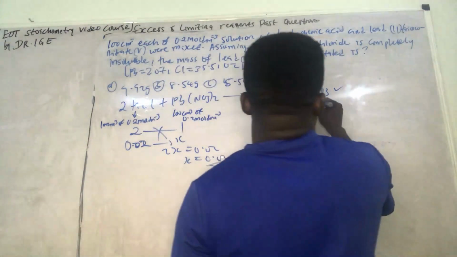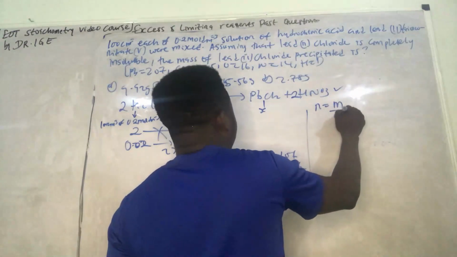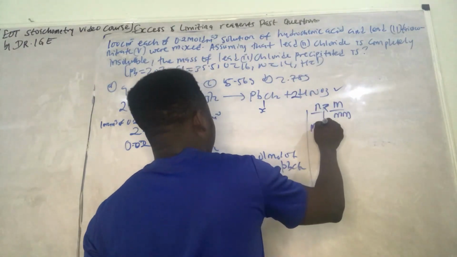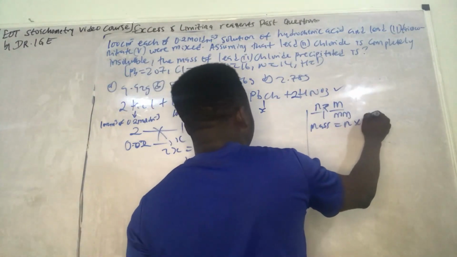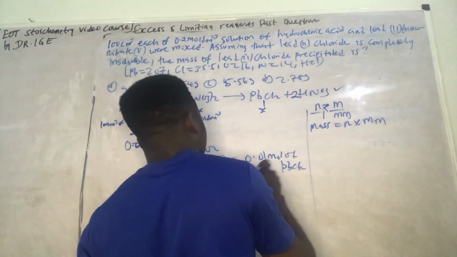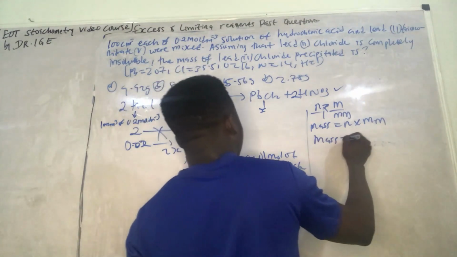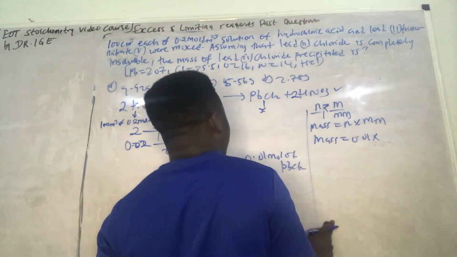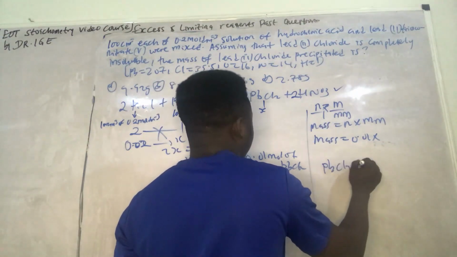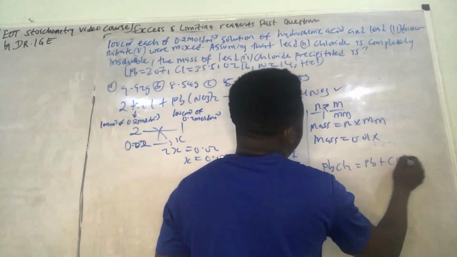Remember, the number of moles equals mass over molar mass, so mass is number of moles times molar mass. We know the number of moles, 0.01. What is the molar mass of PbCl2? Simply Pb plus Cl2.